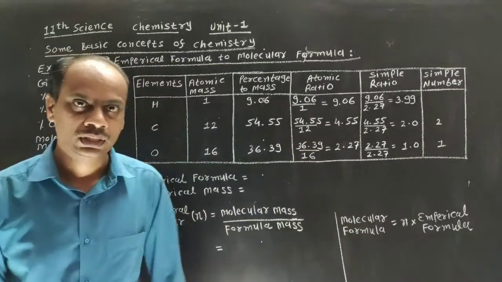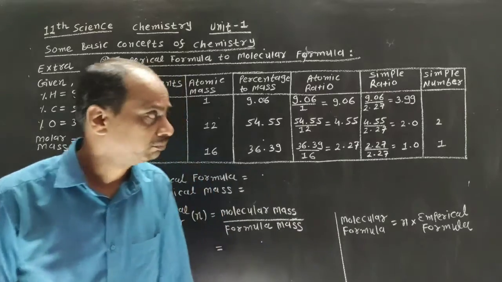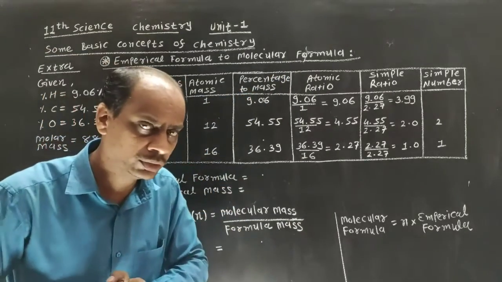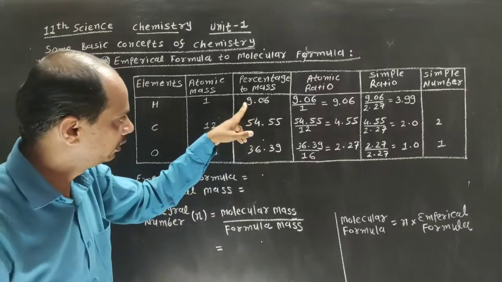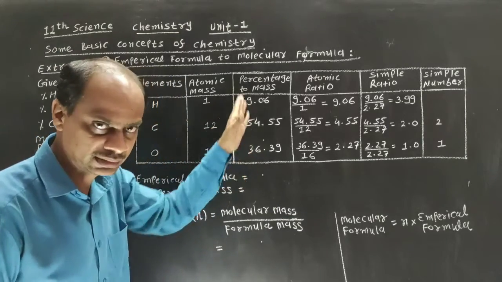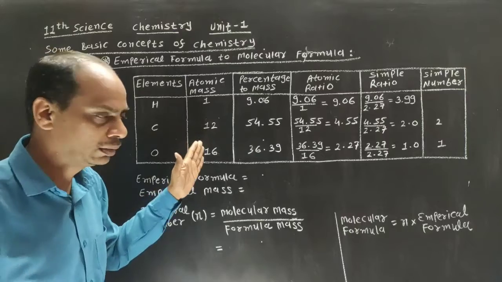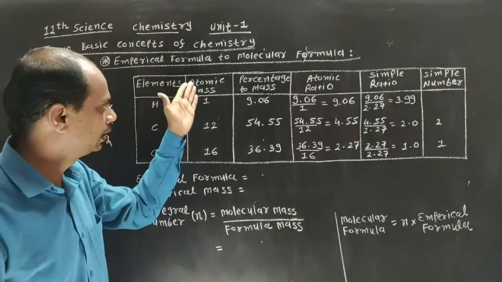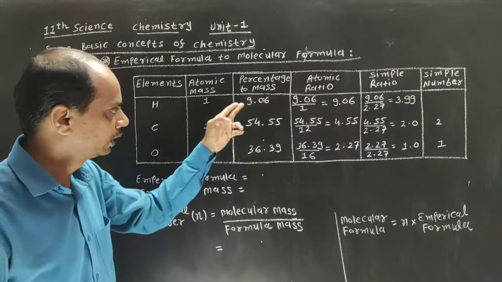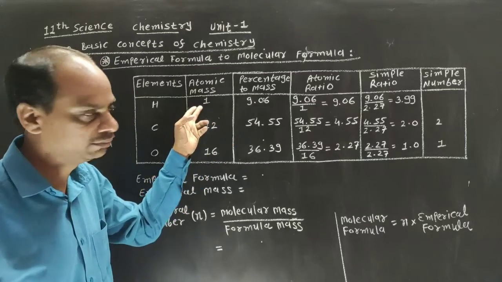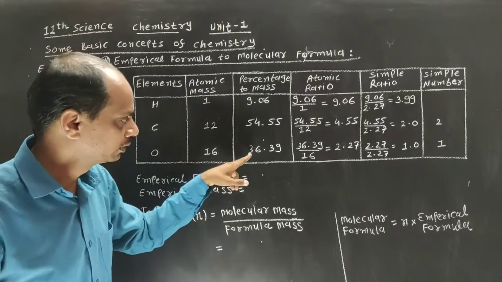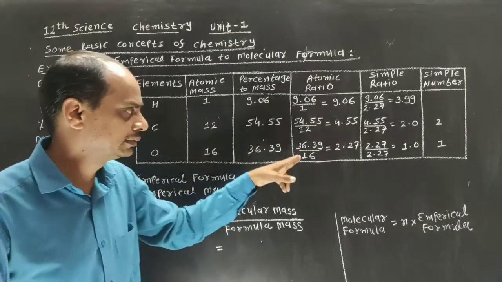The next 3 columns use a calculator, that is atomic ratio. What are we going to do? We are going to divide this data by the atomic mass. Am I clear? The given data is divided by the atomic masses. 9.06 divided by 1, 54.55 divided by 12, 36.39 divided by 16.